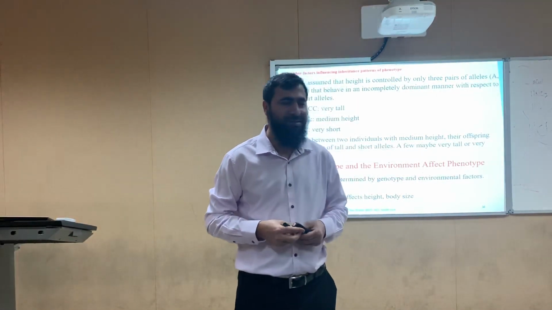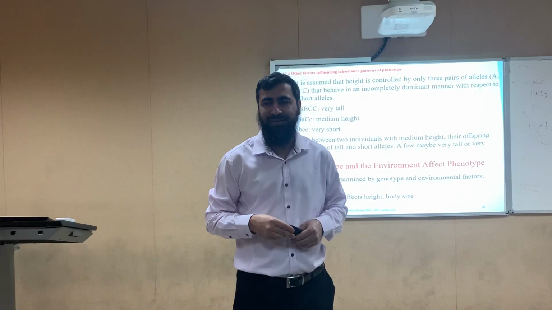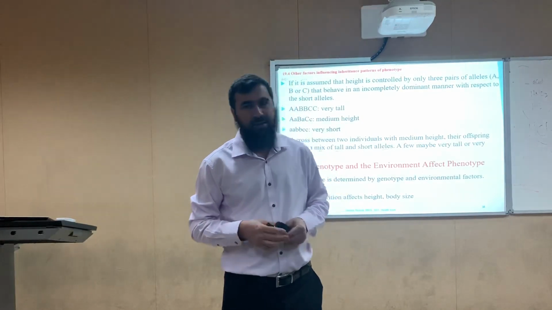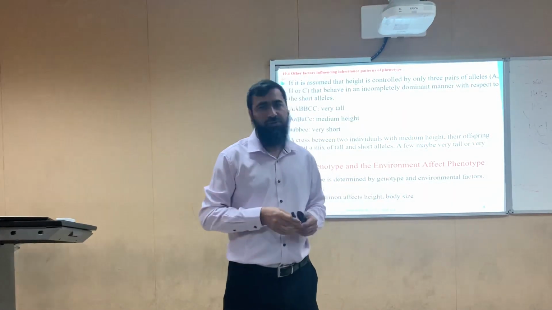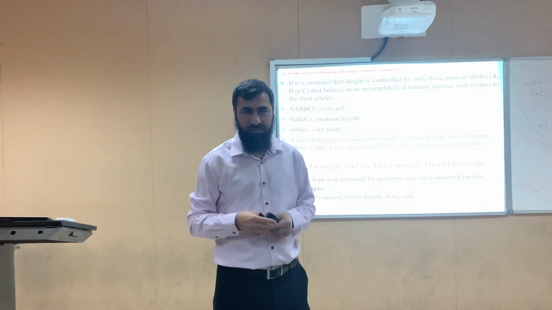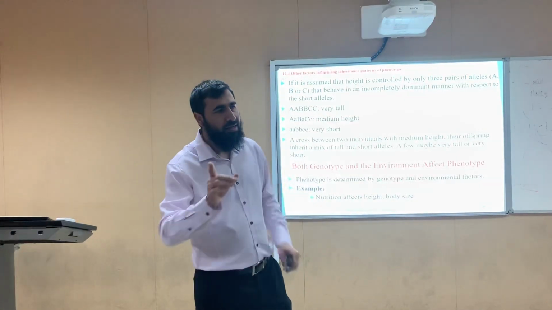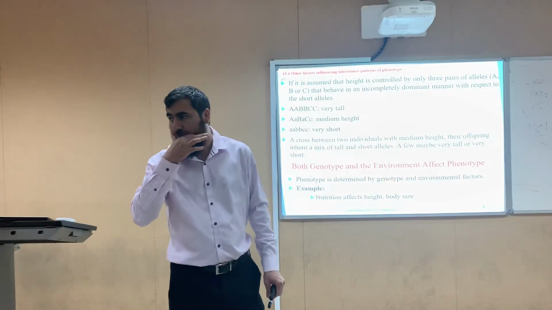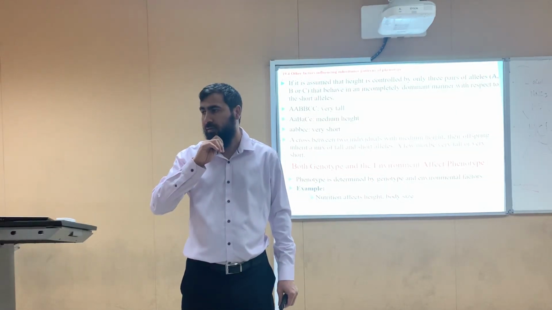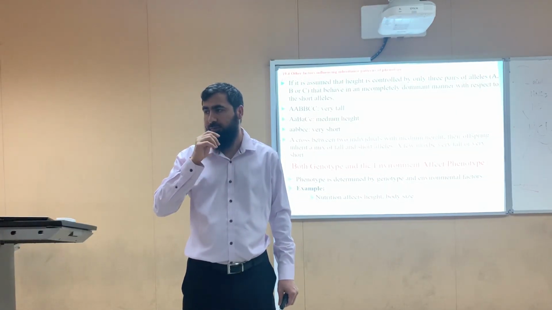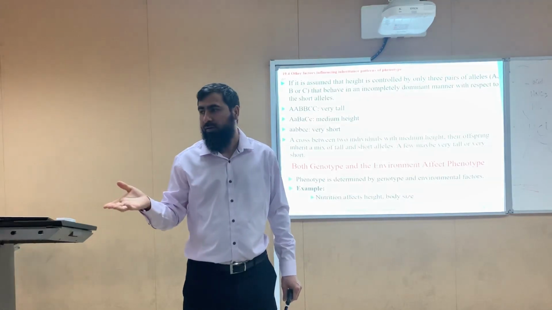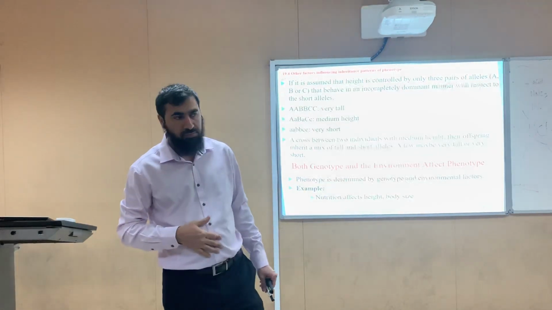In South Africa, they're all taller. But if they had good nutrition, they might be even taller with the genetics. Like African Americans, they are taller than Africans, because they have more nutrients in America.